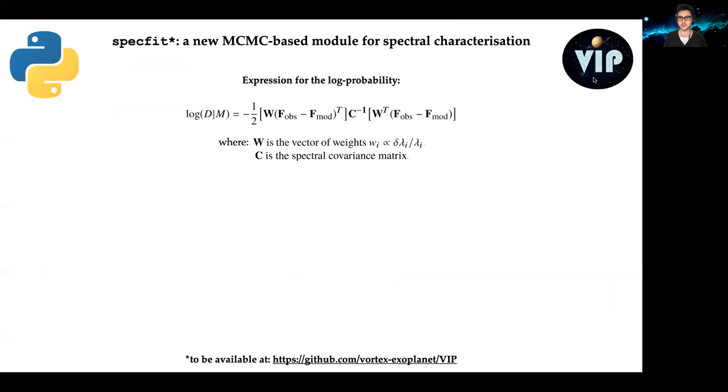For that purpose, we implemented a new module for spectral characterization of either stars or planets that works in a Bayesian framework and basically performs an MCMC sampling of the parameters of the models we try to fit to the observed spectrum.